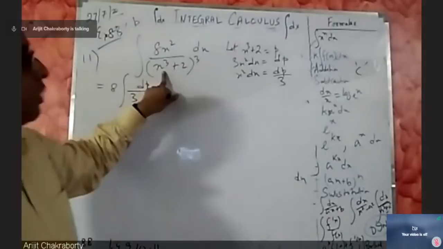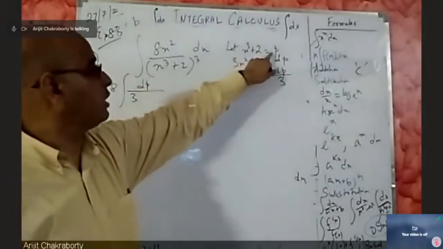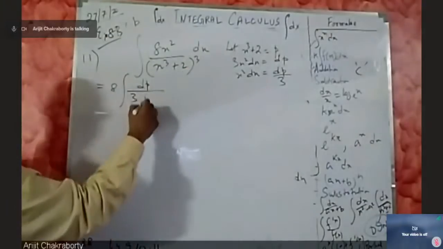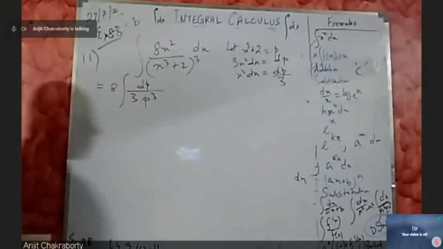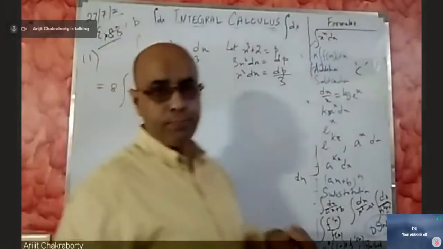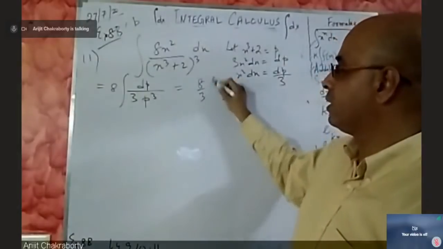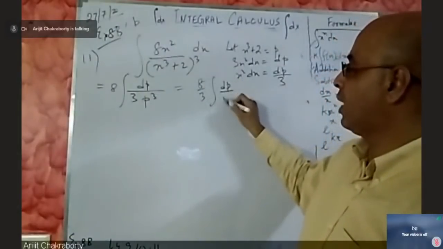And here in the denominator I have x cube plus 2, that is p cube. So it is 3p cube. The expression reduces to dp by 3p cube. If I break it up, it becomes 8 by 3 dp by p cube.